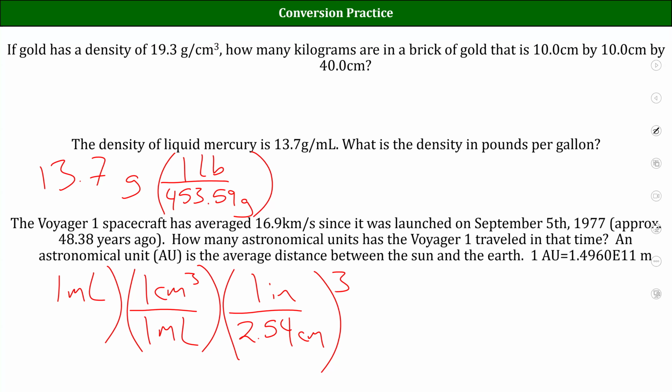This is where you want to be careful. If you originally got taught how to do conversions by just doing, I don't know what they call it, when you set it up just like this, like a number line where you fill in the top and bottom, mathematically, that's just a simplified way of writing it like this, right? To make you think you're not dealing with fractions because fractions are scary. The problem with that is that people forget to put that there because it doesn't look like a fraction.